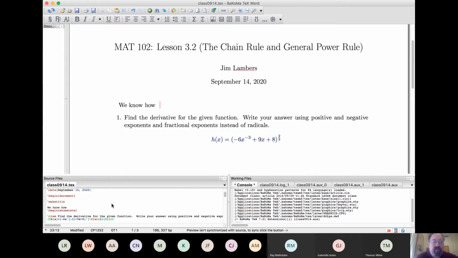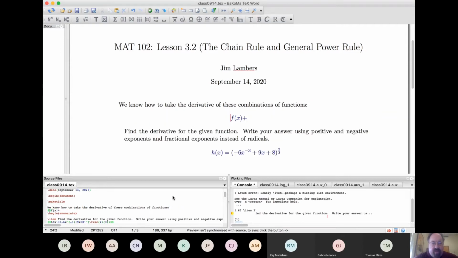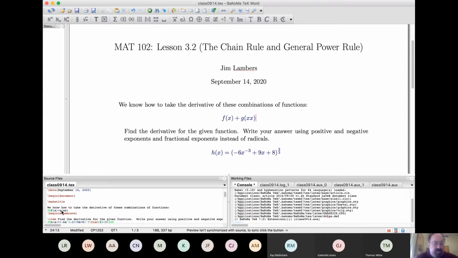So we know how to take a derivative of certain combinations of functions. So for instance, you can do f of x plus g of x, or minus, really no different.